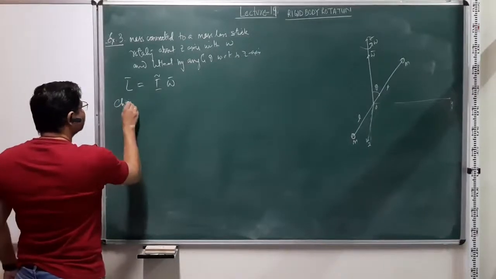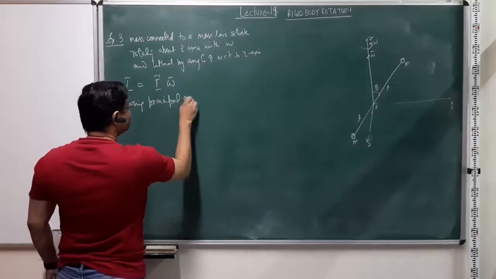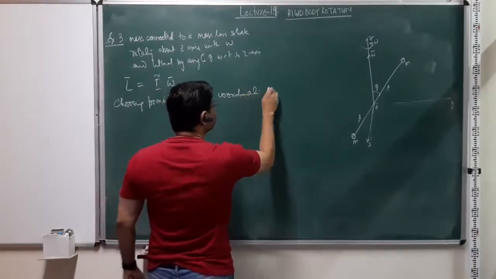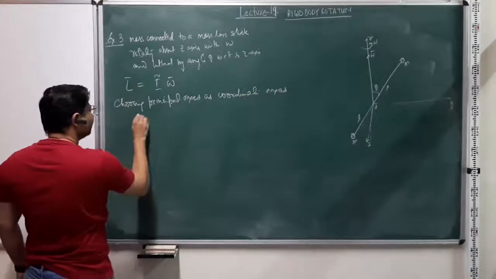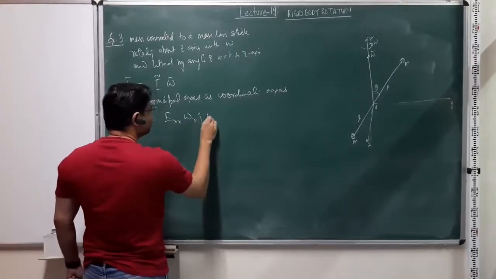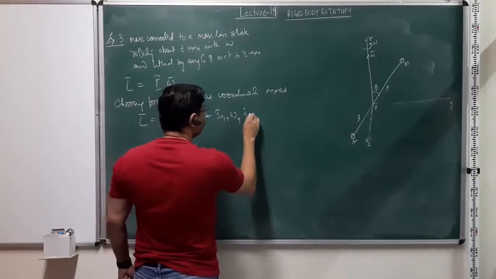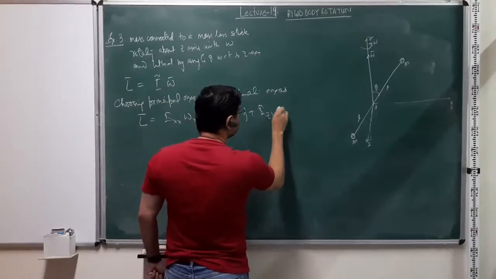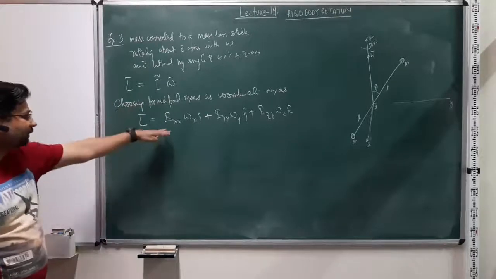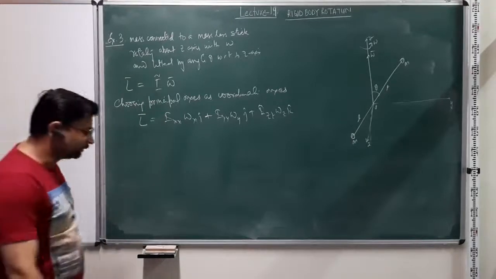So choosing principal axes as coordinate axes, we can write L as Ixx omega x i cap plus Iyy omega y j cap plus Izz omega z k cap. So if we make that choice, we can write L as this simpler expression and then find out these values, right?